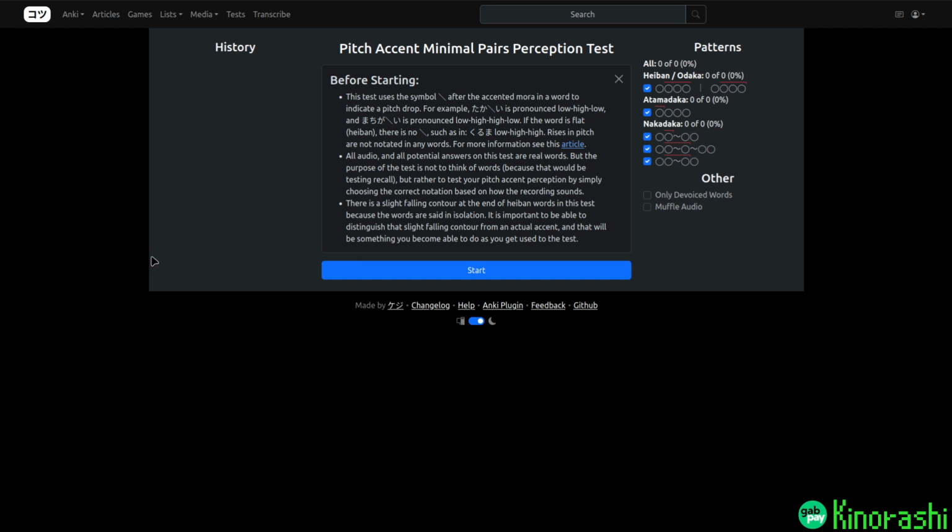And then Odaka, if I understand it correctly, is low, then high throughout the rest of the word, but then it's low in the particle instead of being high in the particle like it is with Atamadaka.